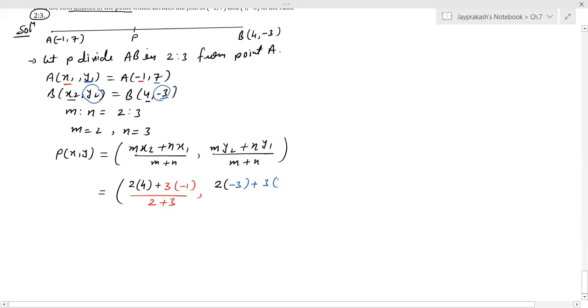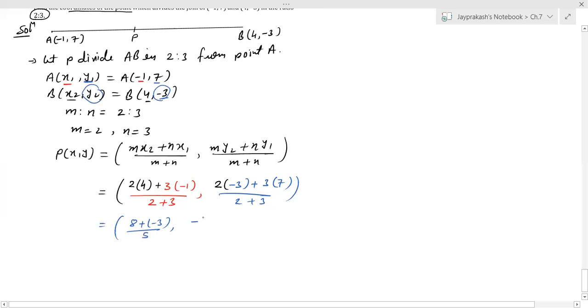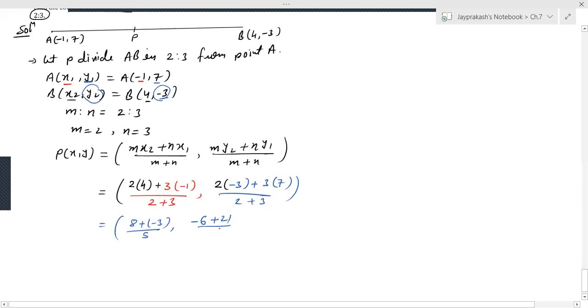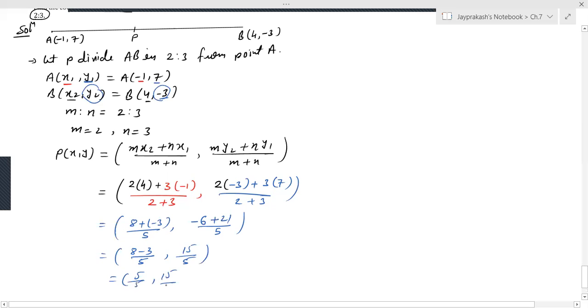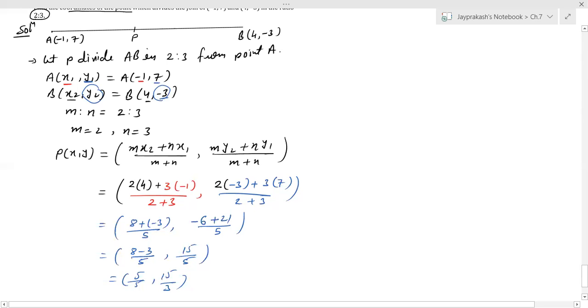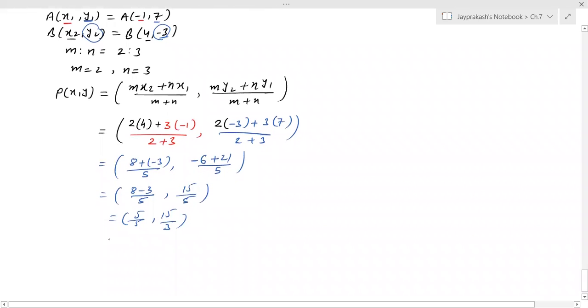So y1 is 7, upon 2 plus 3. So finally we have the vertex of P as 1, 3.